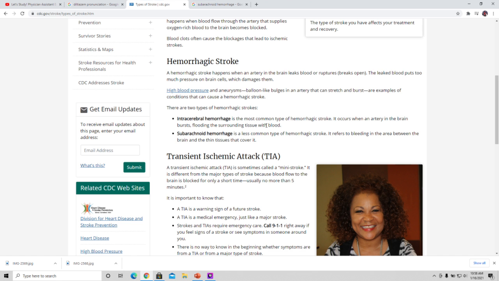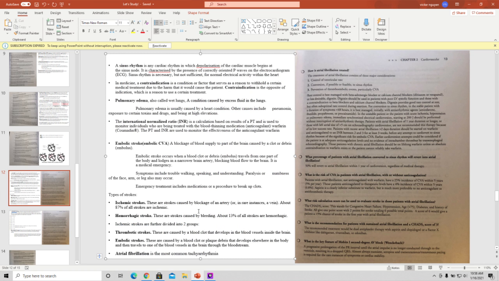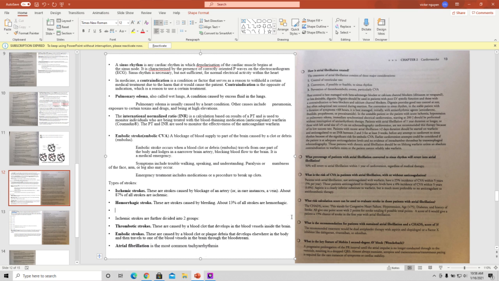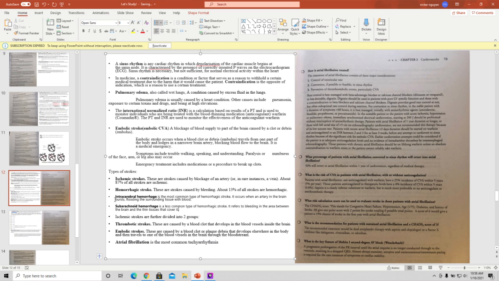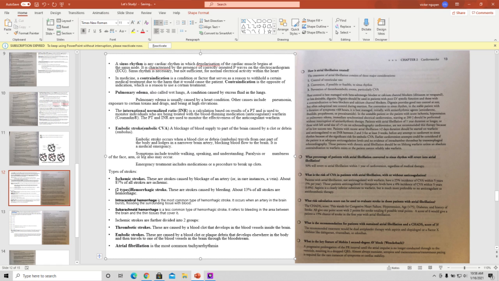Oh, I get it. Okay. You can have a stroke by bleeding, and you can have a stroke by something blocking the blood vessels in your brain. Okay, that makes sense. All right.